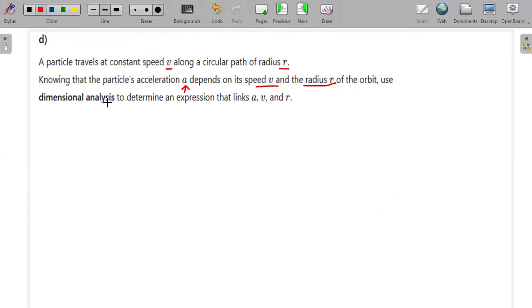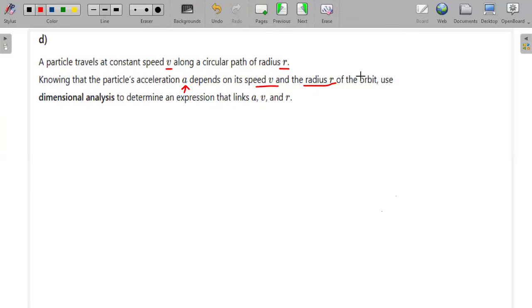So what are we going to do there? It's going to be very simple. The first step when you are deriving an equation is to write that a is proportionally related to v and r.